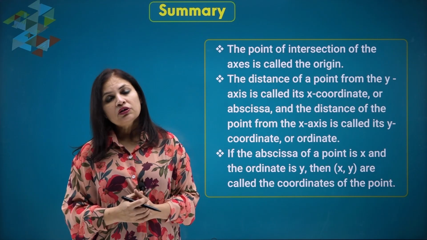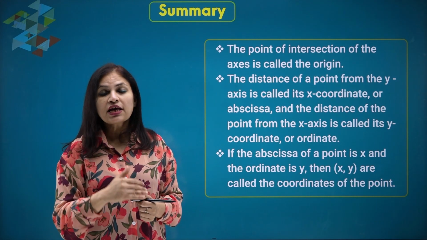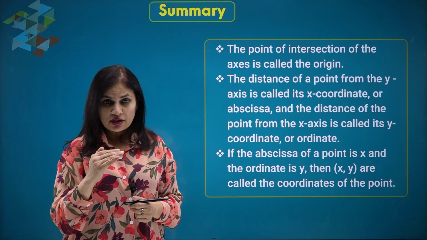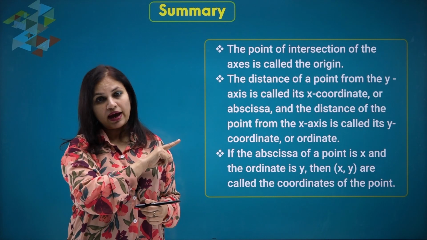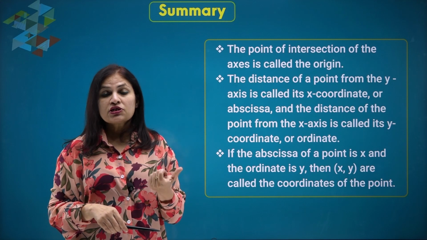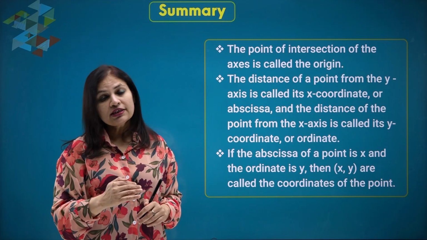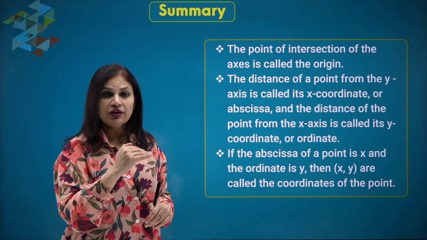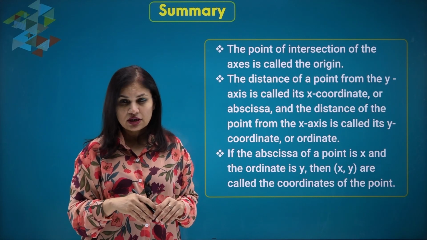How to locate a point on the Cartesian plane? By taking the horizontal distance and the vertical distance. The horizontal distance of a point from the y-axis will give you the x coordinate, which is also known as abscissa, and the vertical distance of a point from the x-axis will give you the y-coordinate, which is also known as ordinate.